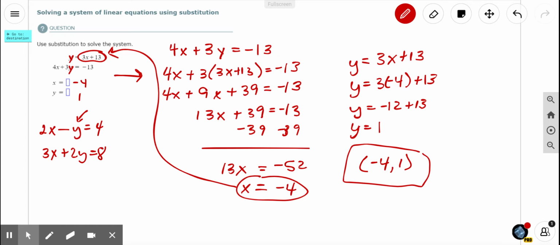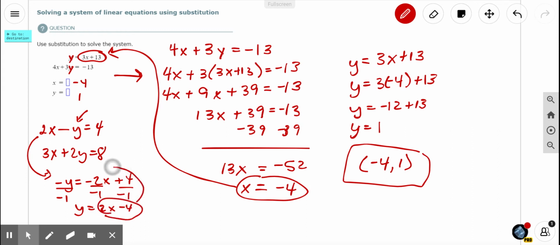It's close. So sometimes you have to solve one of them for a variable. I would go negative y equals negative 2x plus 4. And then I'd have to divide everything by negative 1, and then I would get y is equal to 2x minus 4. And then I'm solved, and then I would plug it back in.